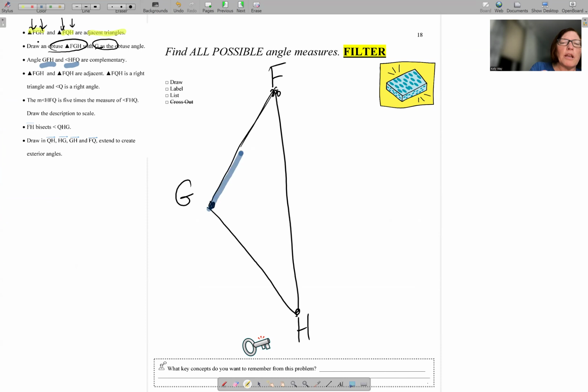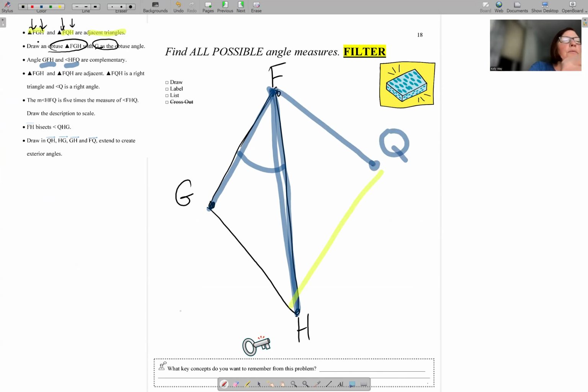So GFH, that's this angle. HFQ, that's that angle. Here's your other triangle, FQH.